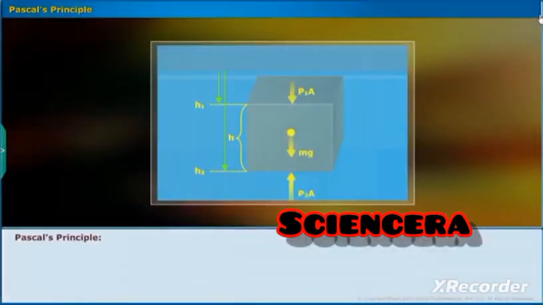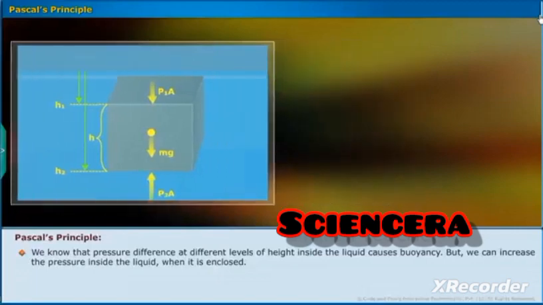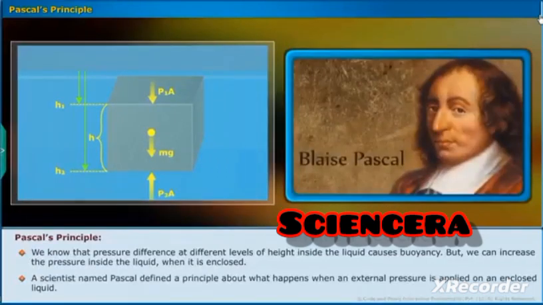Pascal's principle. We know that pressure difference at different levels of height inside the liquid causes buoyancy, but we can increase the pressure inside the liquid when it is enclosed. A scientist named Pascal defined a principle about what happens when an external pressure is applied on an enclosed liquid.